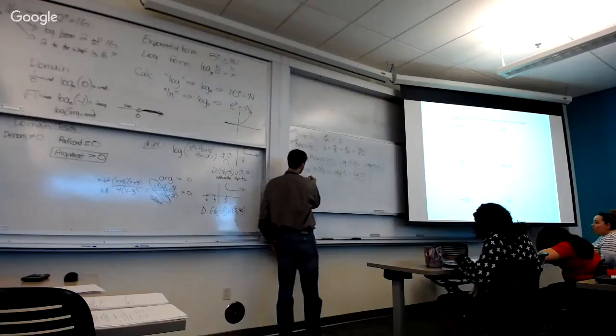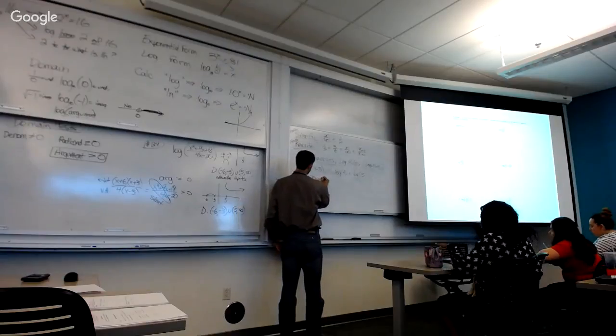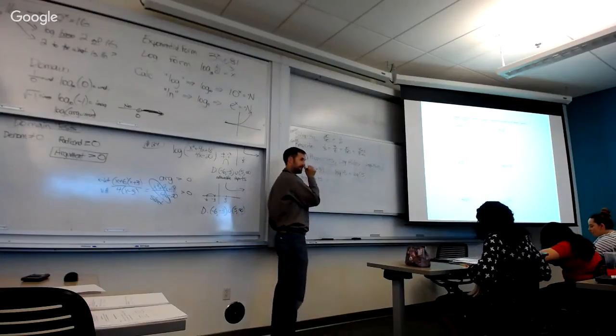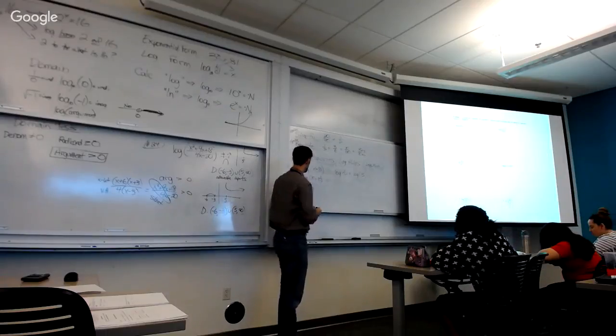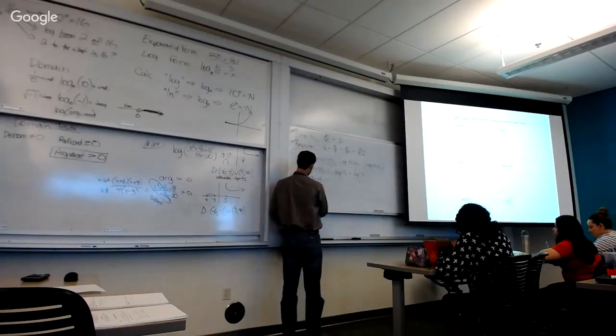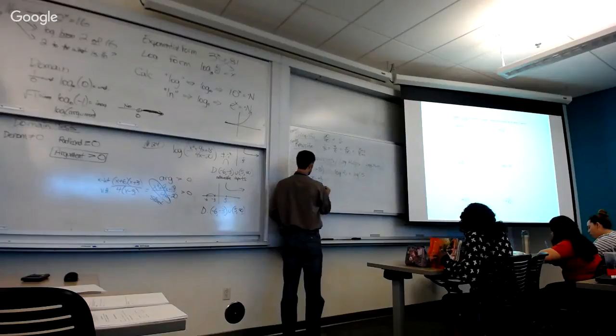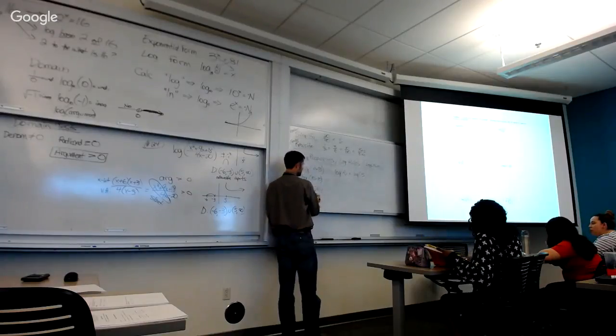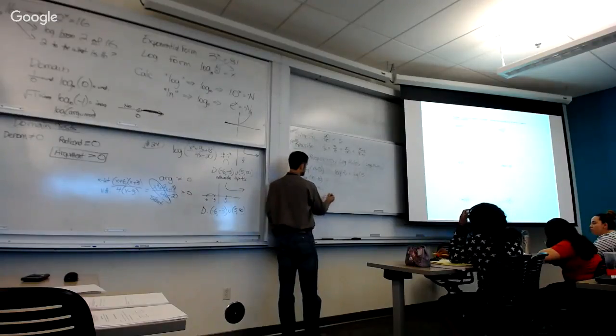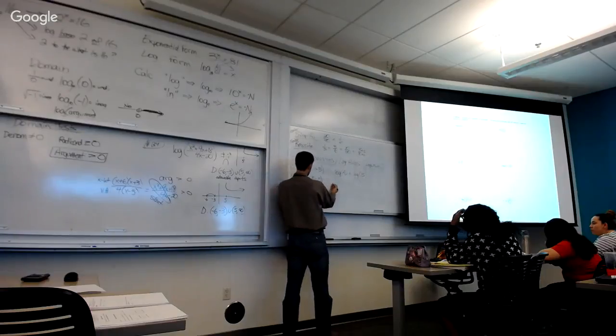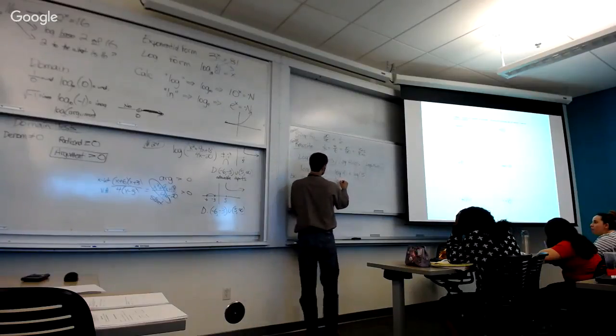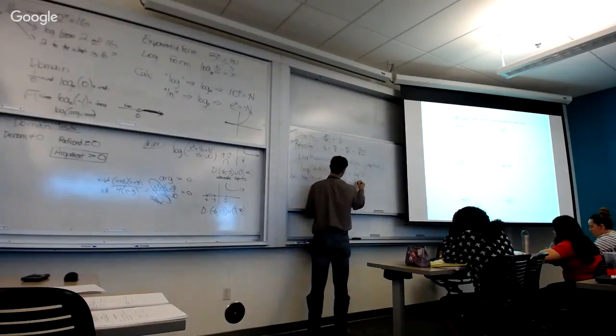Let's say that I had log of 10 times 10. Because this one we can do in our head. So first of all, 10 times 10 is 100. You don't have to write all this, just the example. What's log of 100? Remember that's base 10. So 10 to the what is 100? 2. Okay, so let's hold on to that. Over here, log of 10 times 10 is really log 10 plus log 10.